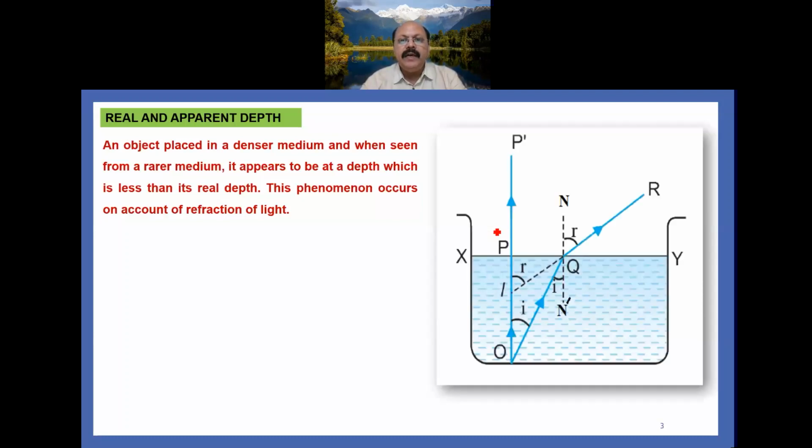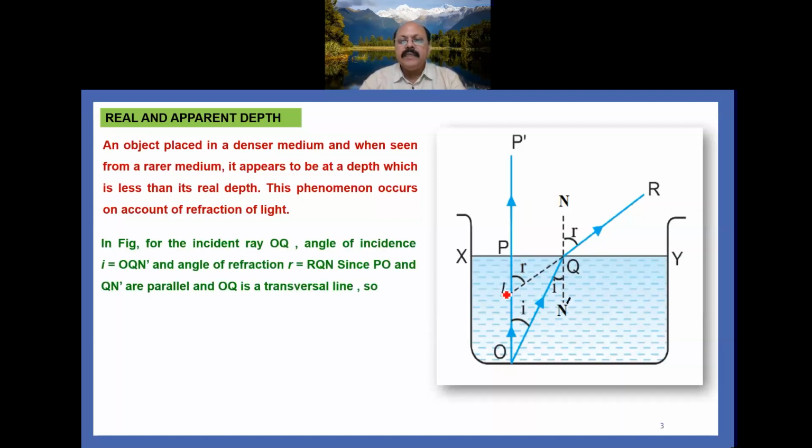And you see that here in the diagram, O is the object which is placed in the denser medium, then OP is its real depth, and PI is its apparent depth. So how this happens, you understand like that.